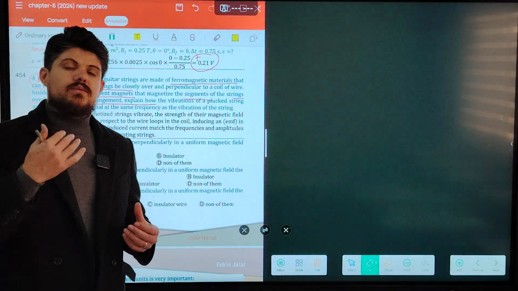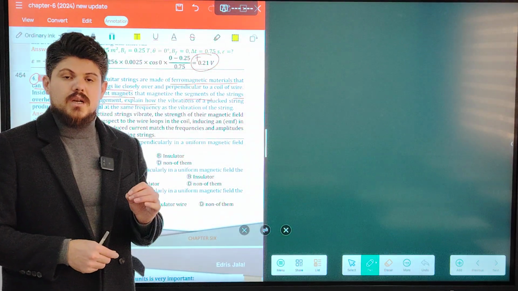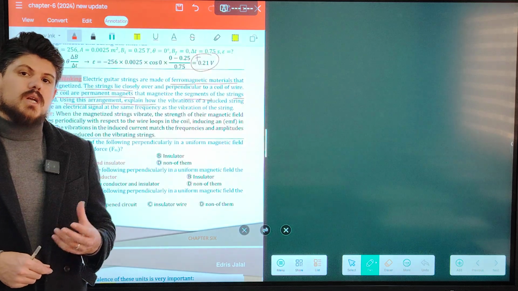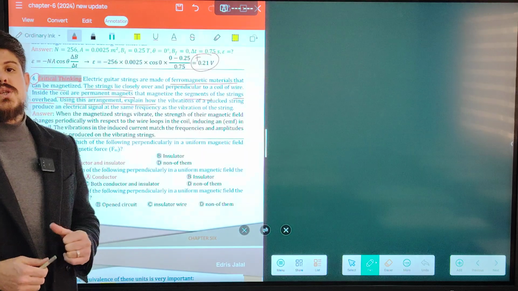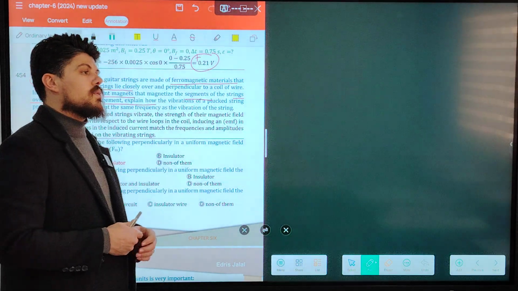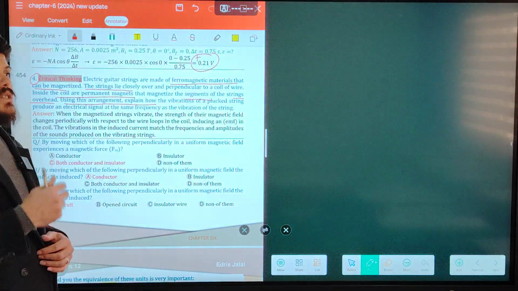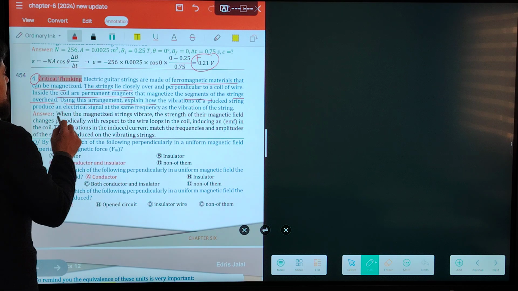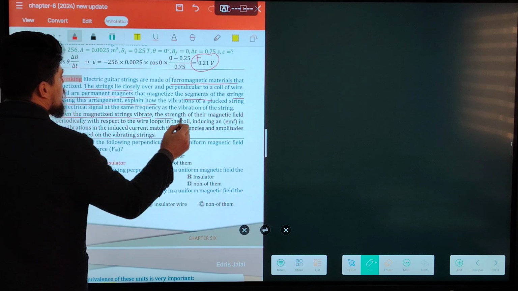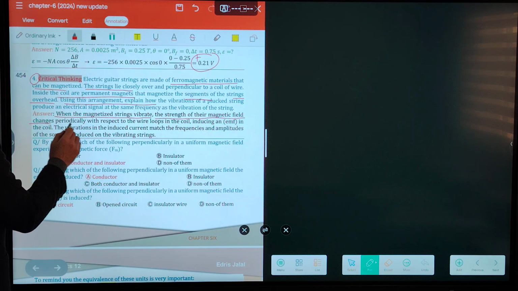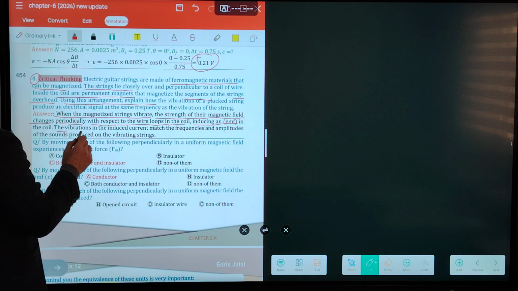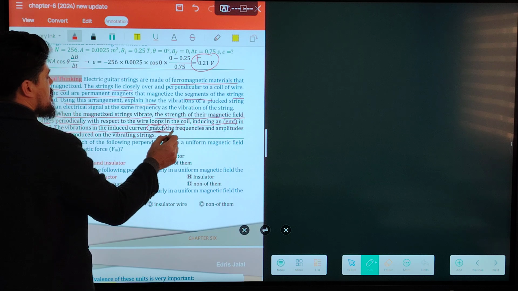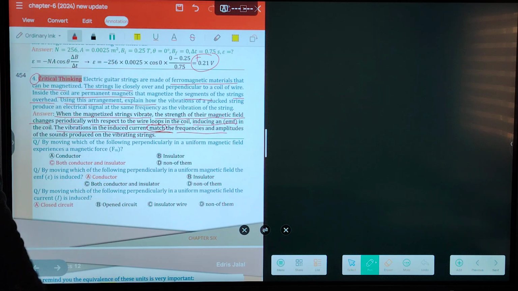The current will be induced by vibrating the string of the electric guitar, and this induced current has the same frequency as the plucking of the string, matching the frequency of the source. When the magnetized strings vibrate, the strength of their magnetic field changes periodically with respect to the wire loops in the coil, inducing an EMF and current in the coil. The vibrations in the induced current match the same frequencies and amplitudes of the sounds produced by the vibrating strings.